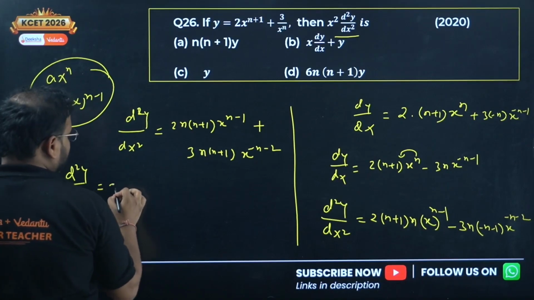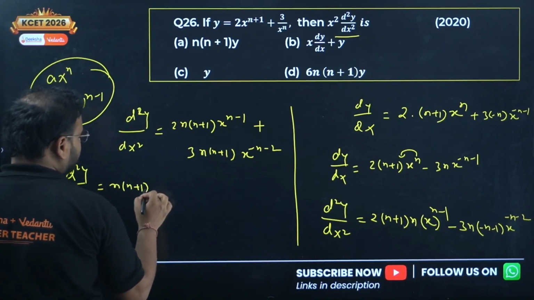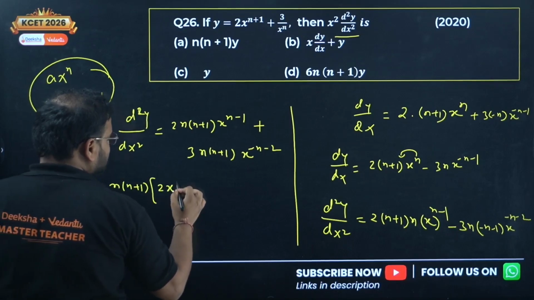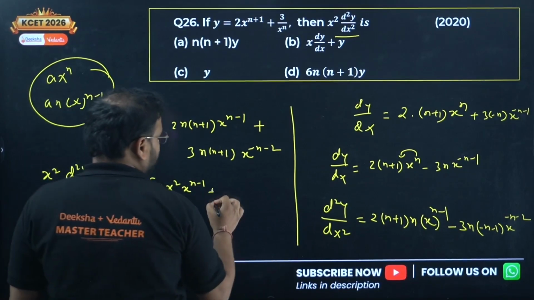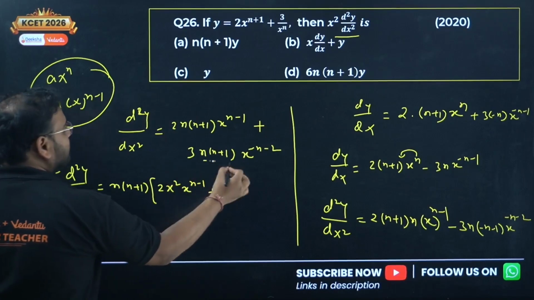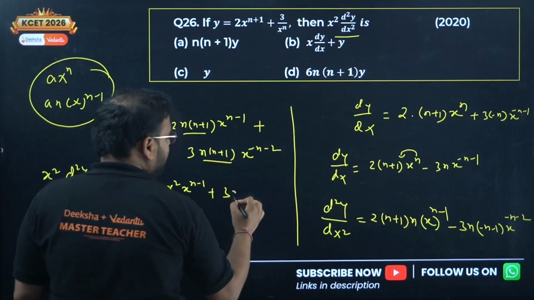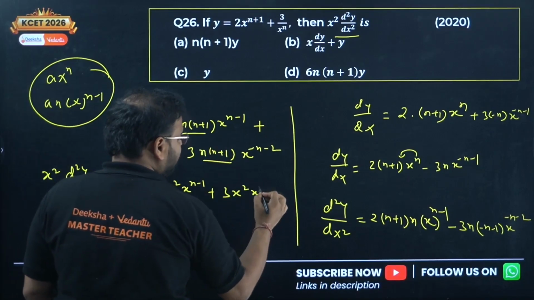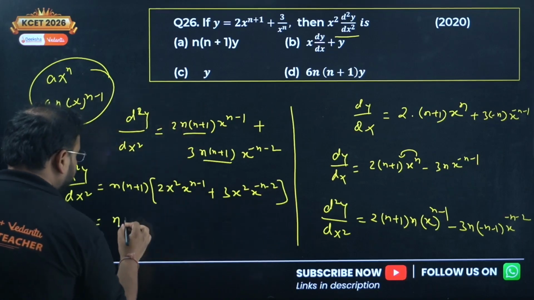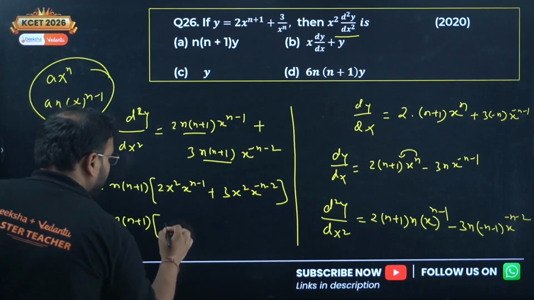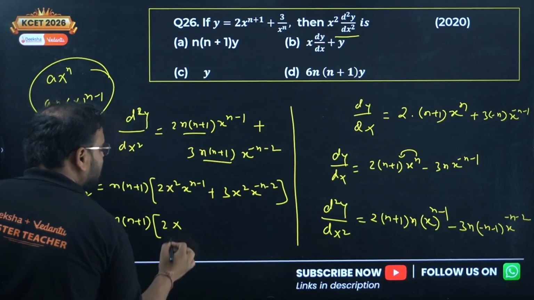So we'll have, I can take n into n plus 1 first of all common. So I have 2 into x square x power n minus 1, and over here I've taken n into n plus 1 common. 3 into x square, x power minus n minus 2. Simplify further. n into n plus 1, you get 2 into x power n minus 1 plus 2.